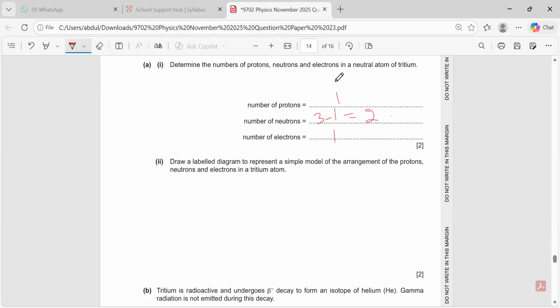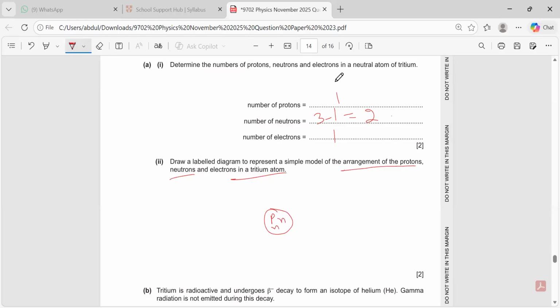A labeled diagram to represent a simple model of the arrangement of the protons, neutrons, and electrons in tritium. So let's suppose there is a nucleus which is having 1 proton, 2 neutrons.